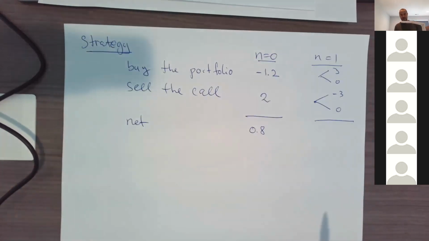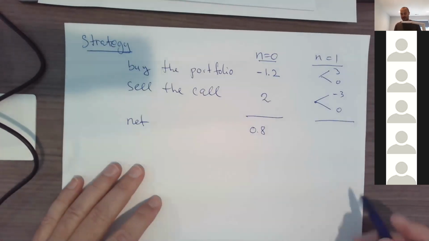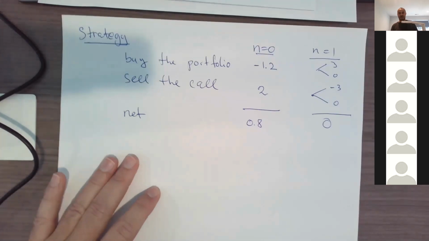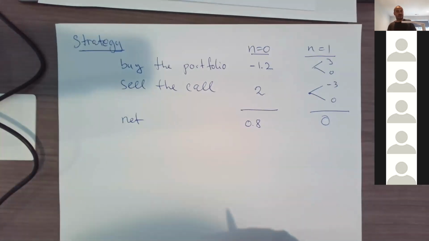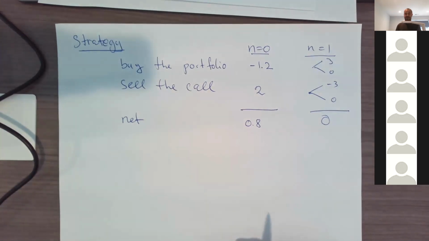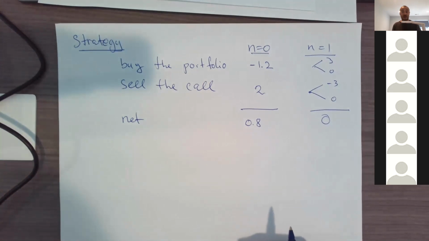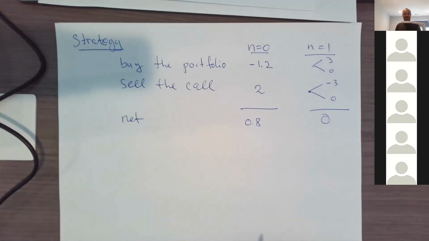So what this is showing you is that you can get 80 cents for free, because in the future, there's going to be no obligation. So you do this transaction, and you earn 80 cents. You can do it once, you can do it twice, you can do it again and again and again. And so this is arbitrage.